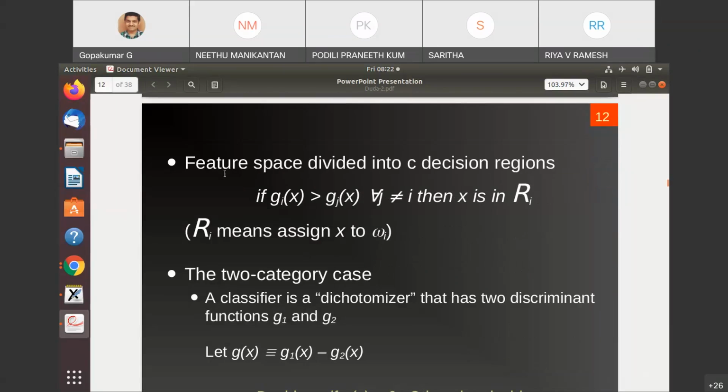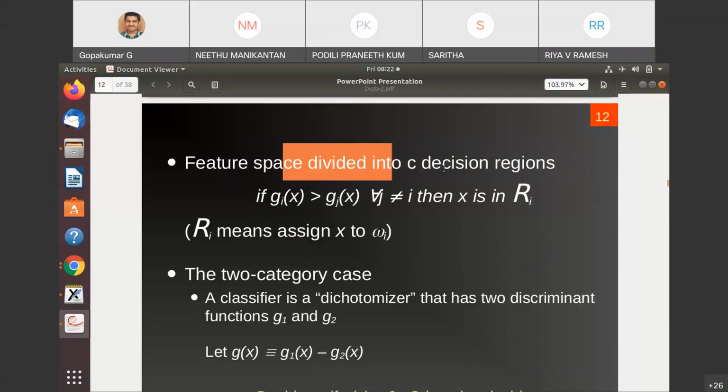So that means the feature space, if it is d-dimensional, is a Euclidean space, R raised to d. That is going to be the feature space. So in a C category case, it is divided into C decision regions.